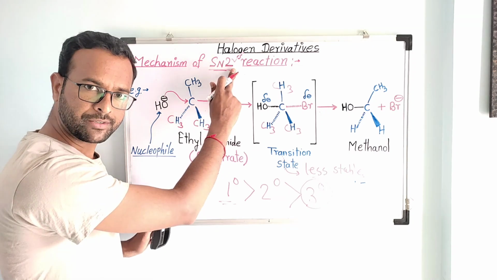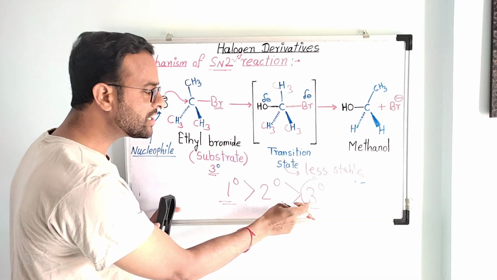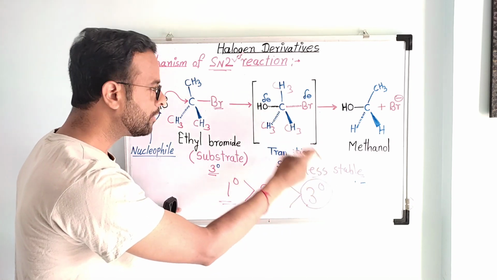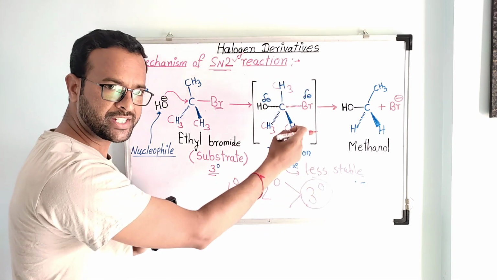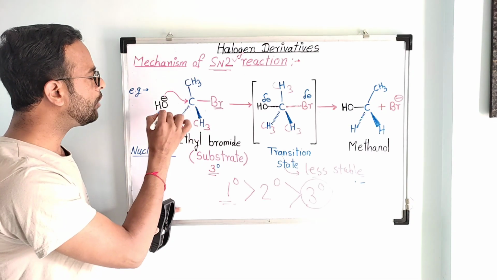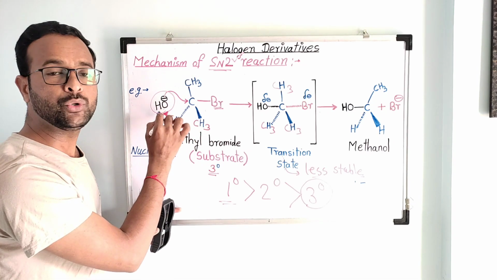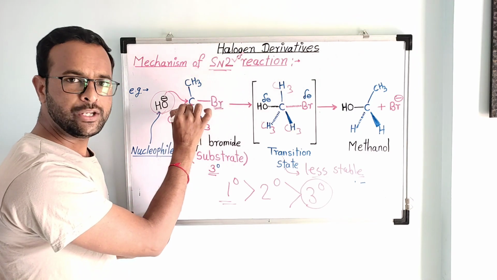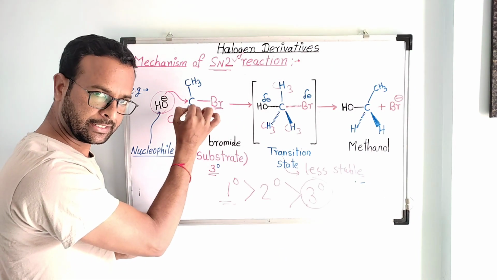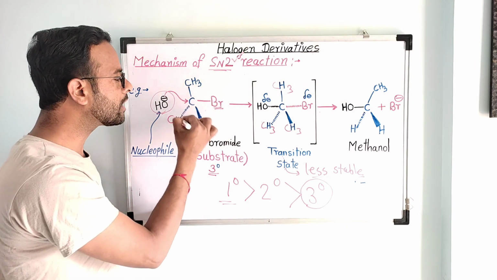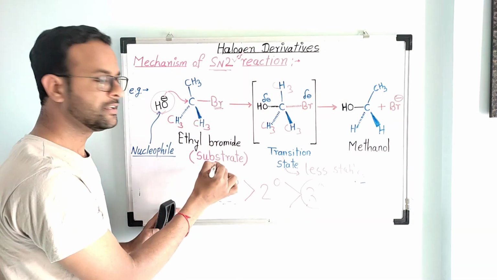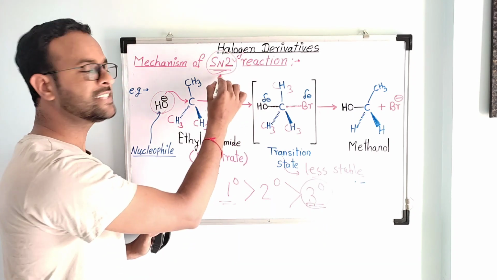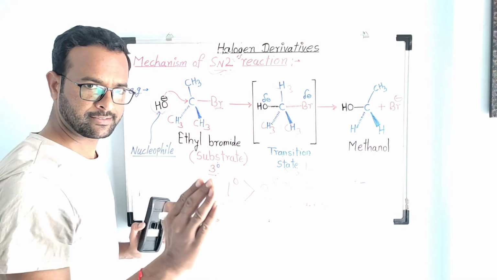Simple answer. The tertiary alkyl halide in a transition state is less stable because of more crowding, more steric hindrance, and because of that crowding it becomes difficult for the nucleophile to attack from the backside. So the attack of the nucleophile becomes difficult if there is more crowding in the substrate. So tertiary alkyl halide reactivity toward SN2 reaction is less.